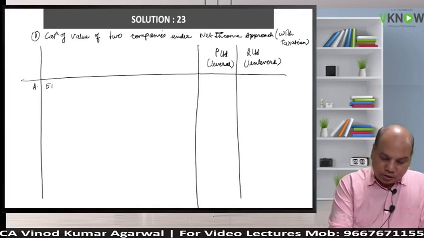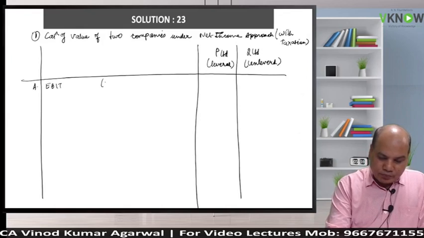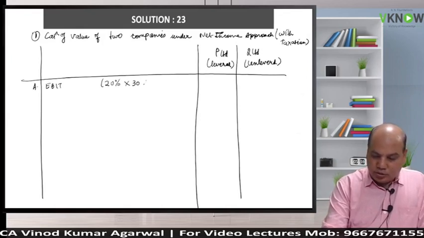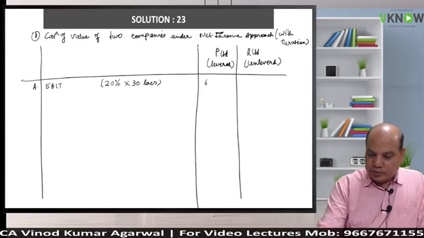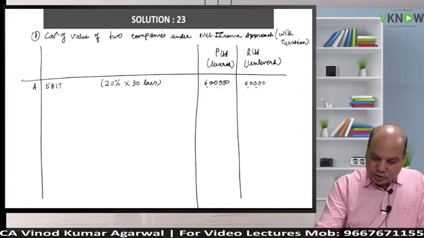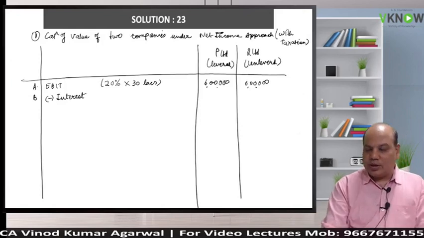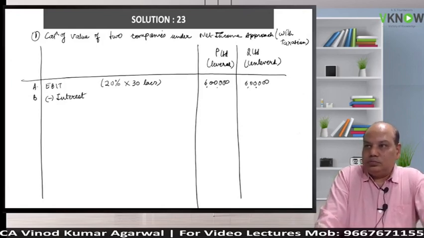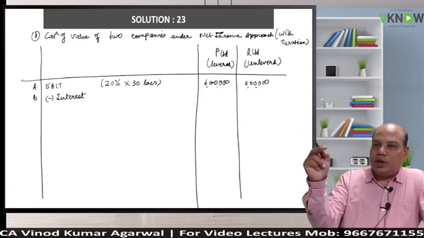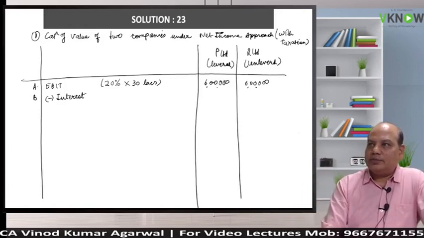So first you write down EBIT. EBIT is 20% into 30 lakhs. Is it 6 lakh? 6 lakh. What is my next point? I will deduct interest. To get the value of the firm, I will have to find value of equity plus value of debt. Is it right?